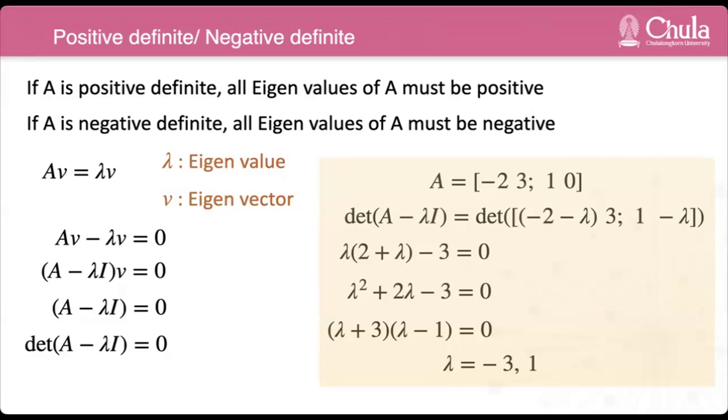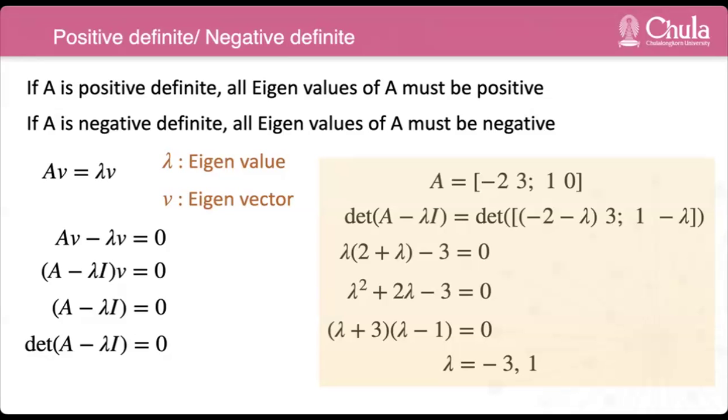A multiplied with a vector V. If you can multiply this way, of course, you need the appropriate dimension of V. For example, if A is 2 by 2, V must be 2 by 1.